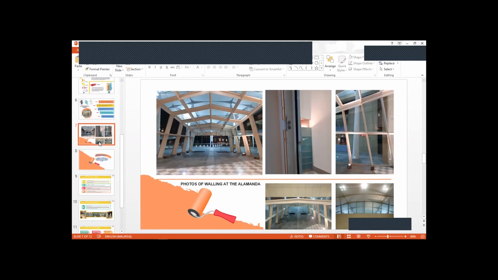That's why the Alamanda Shopping Mall uses the biggest curtain wall, which creates larger heat loss and heat gain. Also, as we can see, the curtain wall here is suspended, like it is pasted from outside, while we don't see the system inside the curtain wall itself. So that's all from me.